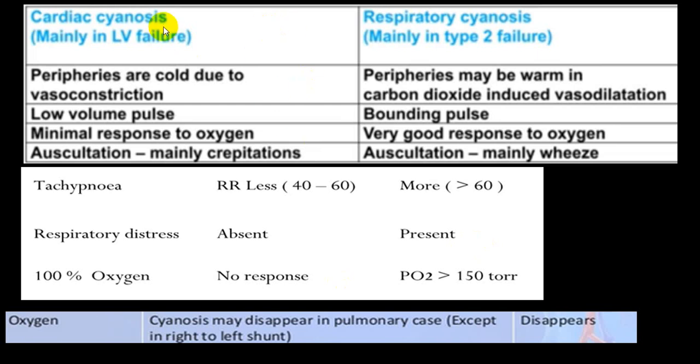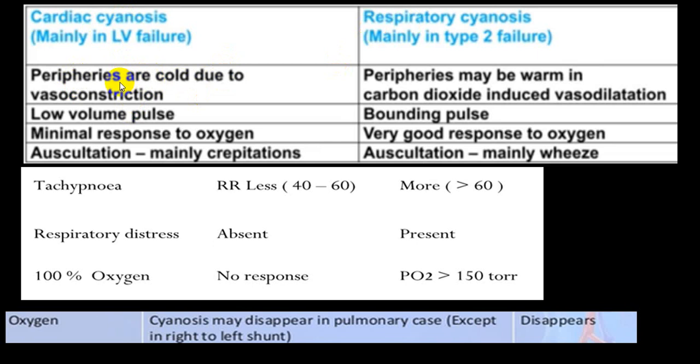Now, to differentiate between cardiac causes and respiratory causes of cyanosis. A classical example of cardiac cyanosis is mainly left ventricular failure, or congestive heart failure, or we can use the term acute pulmonary edema. While in respiratory cyanosis it is because of lung parenchyma disease. Here in cardiac cyanosis the peripheries are cold due to vasoconstriction, because there is diminished blood flow in the extremities.